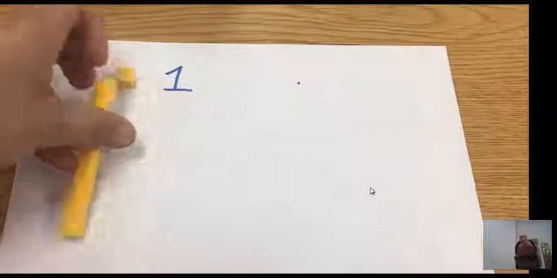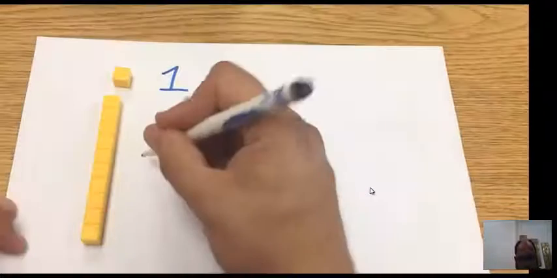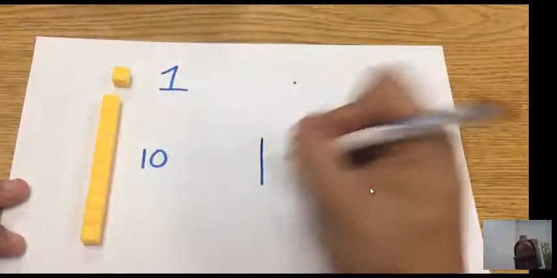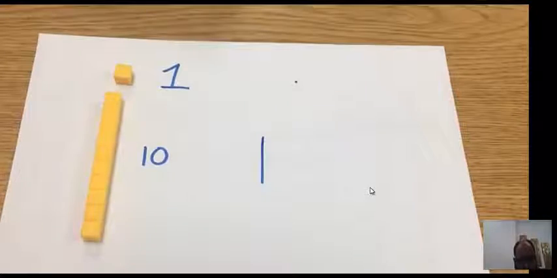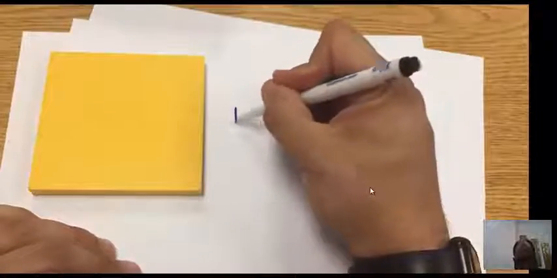Then we have a long bar. This long bar represents ten of these cubes. So this is my 1 bar of 10. I know these are 10 cubes, and the sign for this is 1 line. Accordingly, if I combine ten of these bars, I will have one flat surface. That flat surface will have 100 cubes, because 10 bars of 10 give me 100.